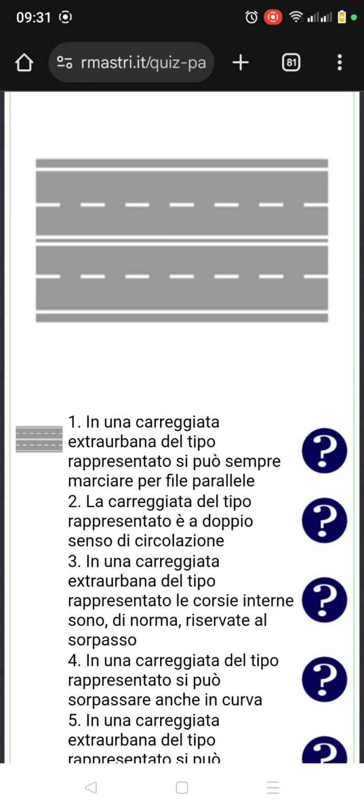You know the idea why they said si può sempre marciare per file parallele. The idea is this. This very carreggiata is two-way circulation. These 2 lanes are heading in one direction, while the other 2 lanes are heading in the opposite direction. So the only reason the cars on both of these lanes can move side by side is when there is intense traffic. Not always. It's only when there is intense traffic.